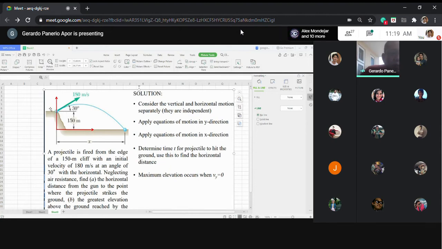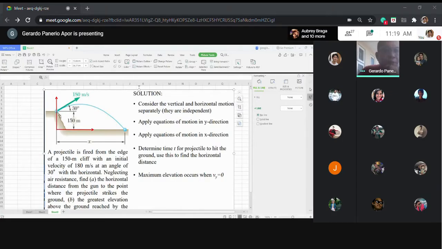Meaning the X is 0 and the height is positive 150. Now the answer for when the projectile hits the ground is when Y equals 0.